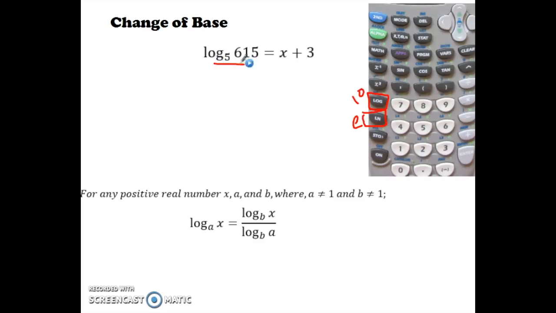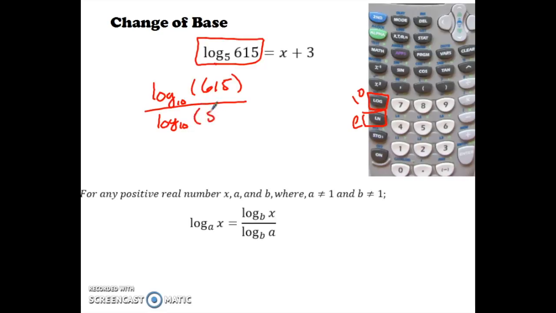So if we're trying to evaluate this right here, we're going to be taking log base 10, which is again just the regular log key in the calculator, of 615, divided by log base 10, which again is the regular log in the calculator, of 5, because that's our previous base. And this is going to give us a number.